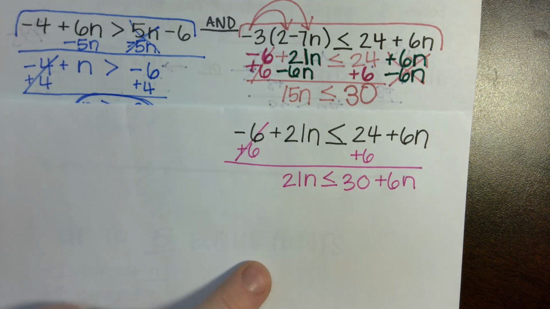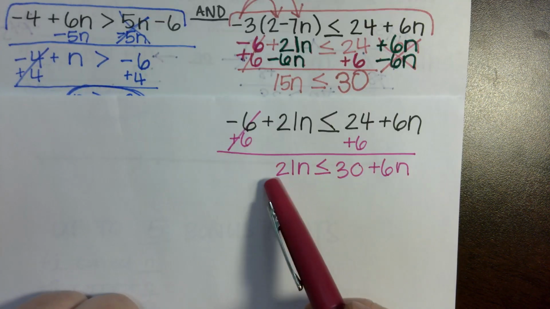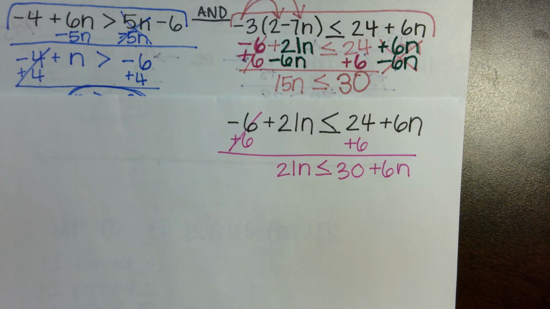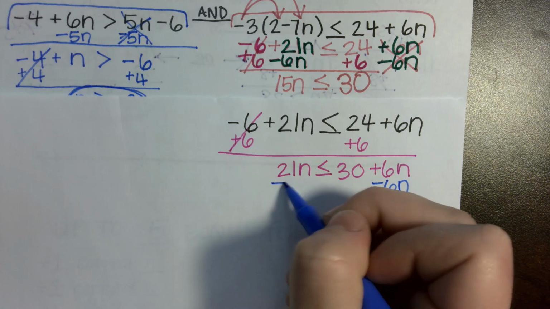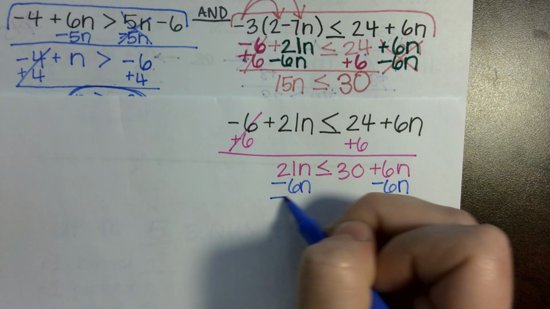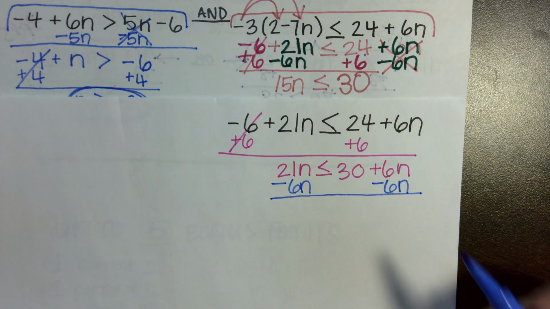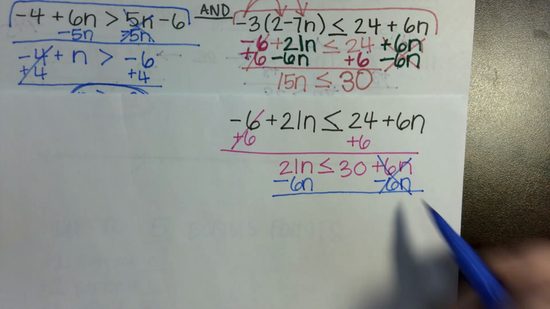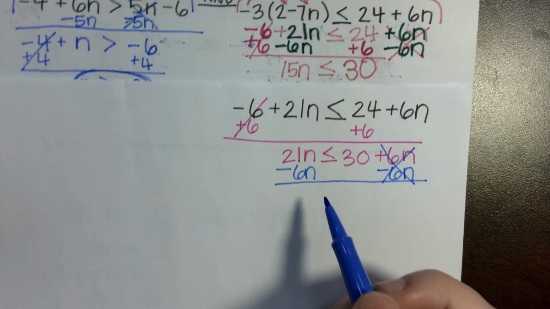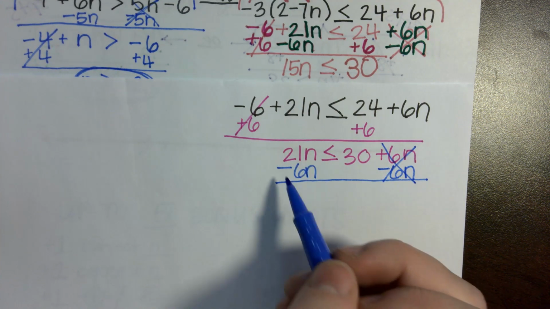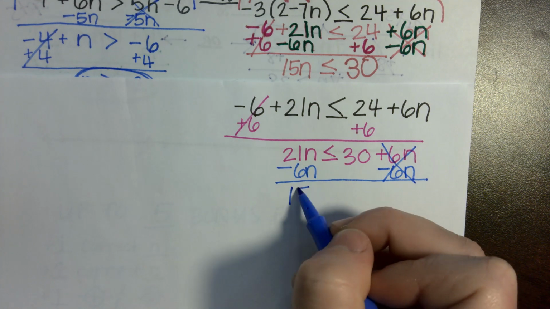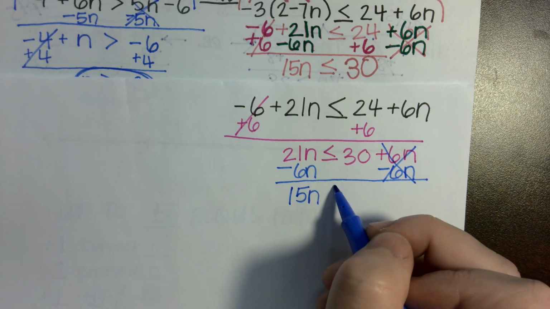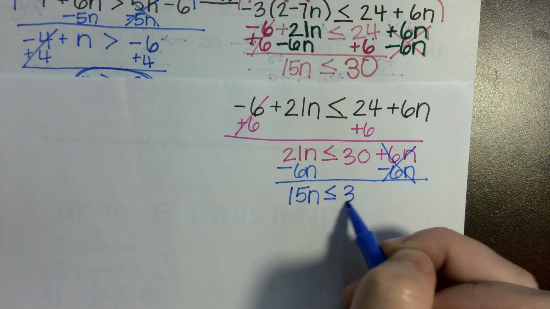Okay, good. Now I need to get all my n's on the same side. So would I subtract 6? Yes, subtract 6n from both sides. So my 6n's cancel. And I'm doing 21n minus 6n. 15n. Yes, 15n is less than or equal to 30.